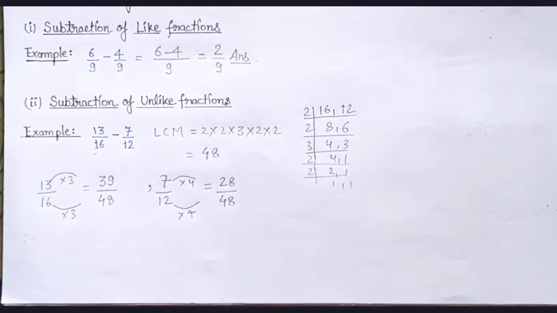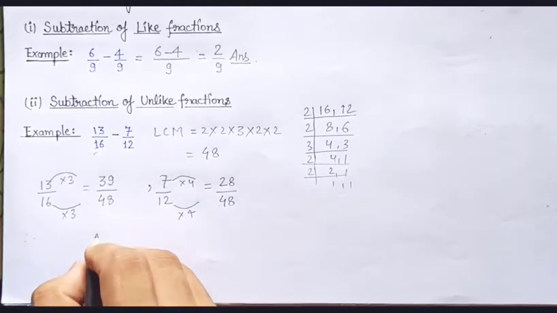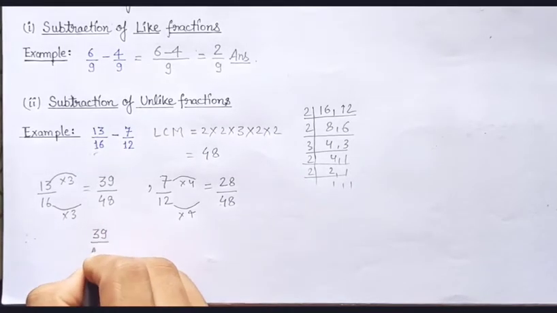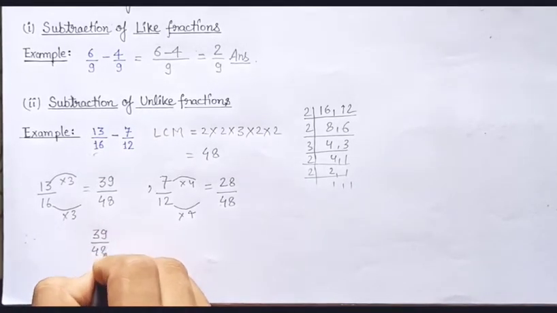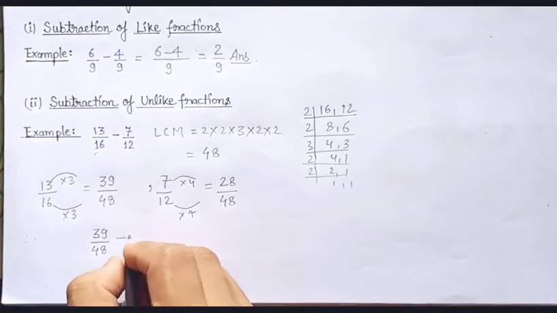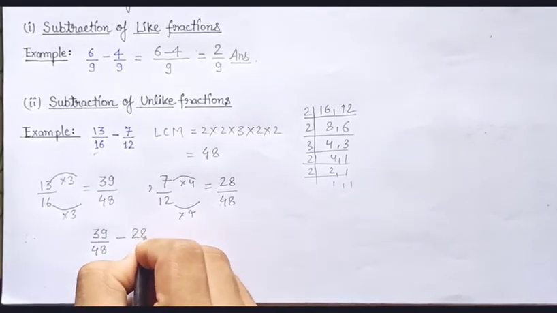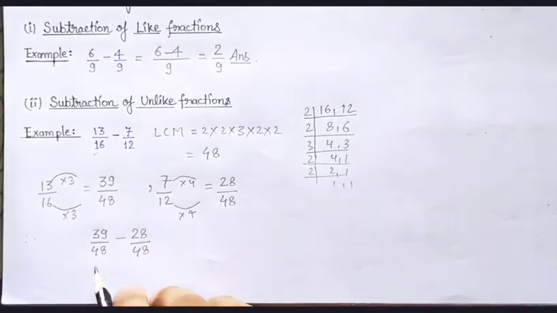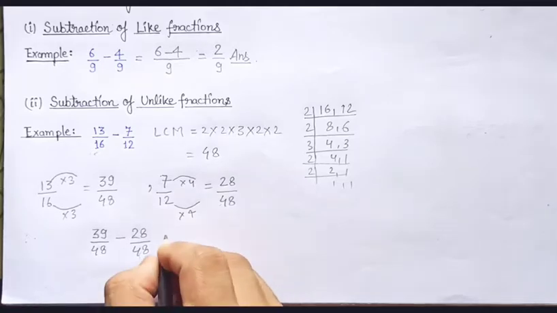Now we subtract 39 by 48 minus 28 divided by 48. Now in this you can see that the denominators are the same, that is, these two fractions are like fractions. So how do we proceed?